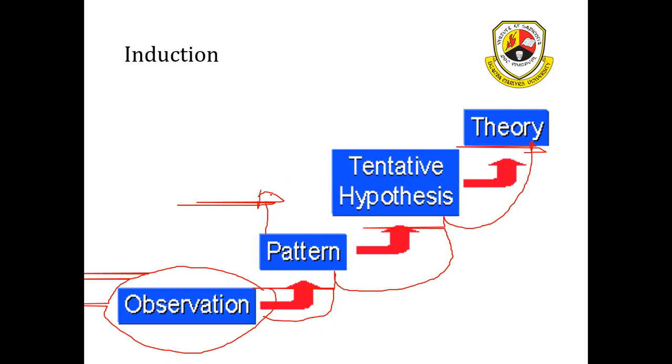We're saying, we are seeing pattern A, B, C, D happening. Then somebody else will say, let me put this in a similar context. Do I find the same pattern? And then a third person, certain pattern is happening. Then a tentative hypothesis is proposed by another researcher. And when this tentative hypothesis is continuously proved true, a theory is developed.